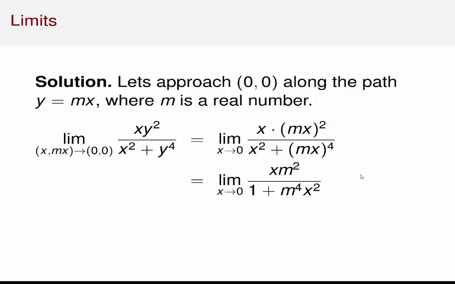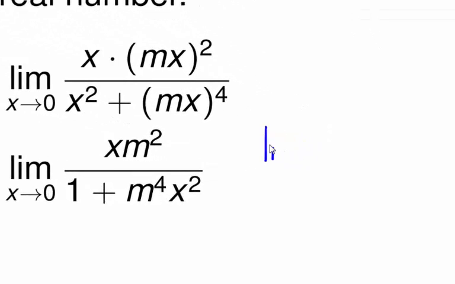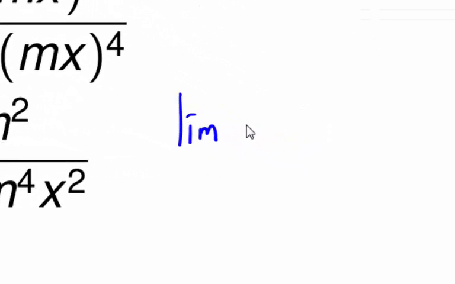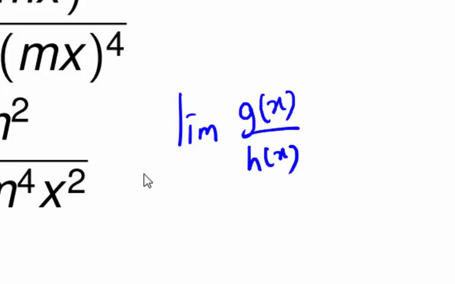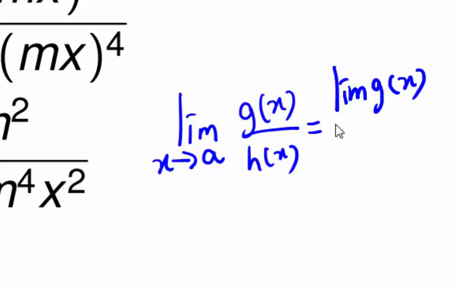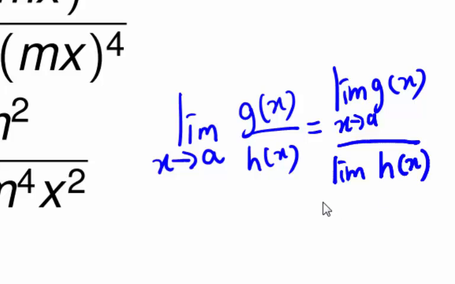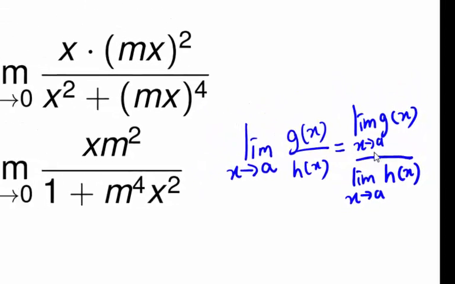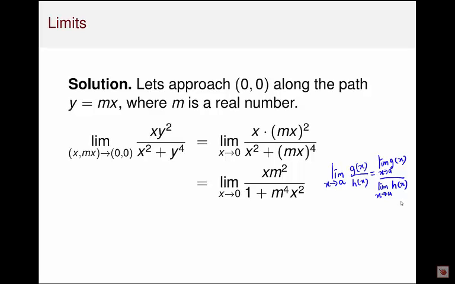So let me write down the statement: the limit of g(x) over h(x) as x tends to some constant a is equal to the limit of g(x) as x tends to a over the limit of h(x) as x tends to a. This is only true provided the limits in the numerator and in the denominator both exist.